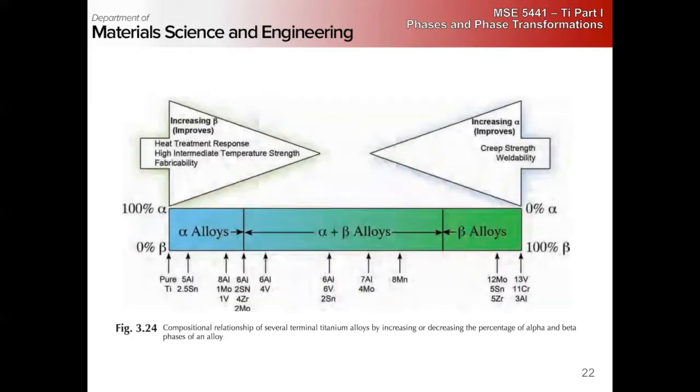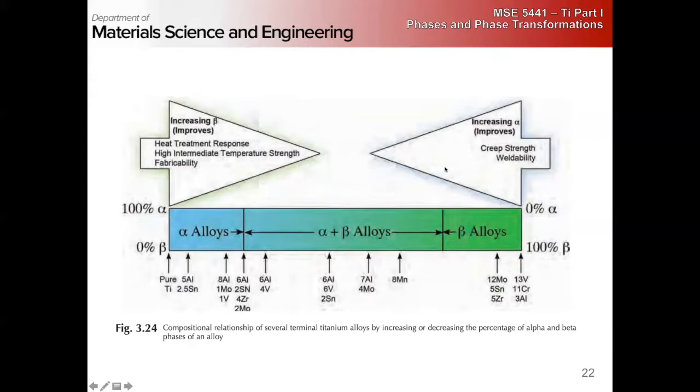And so if we look at general property trends for each of these, as we go from pure alpha and increase beta, we generally improve our strength at low and intermediate temperature, our machinability, fabricability and ductility.